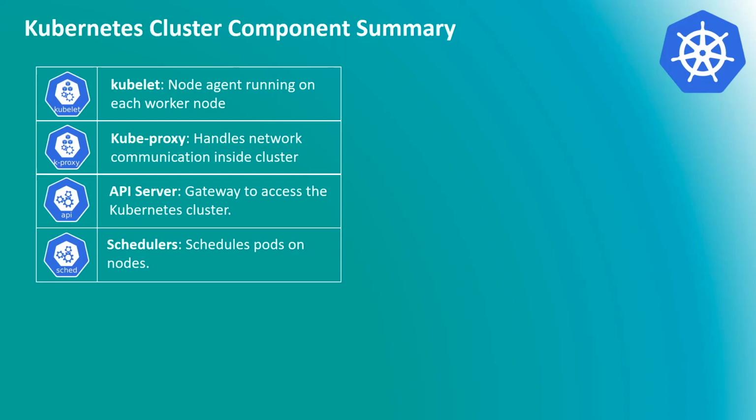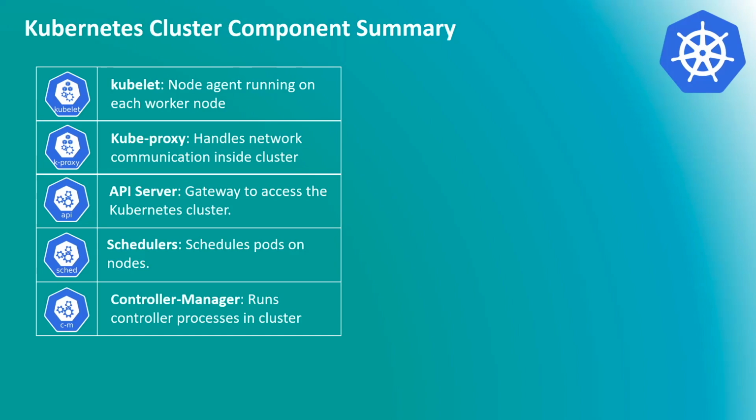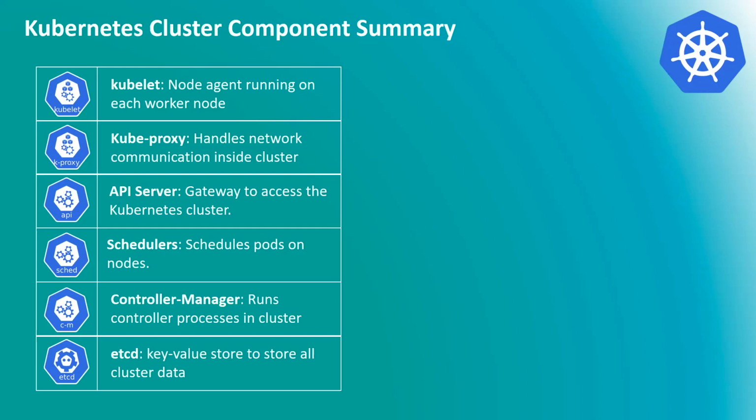Then we reviewed the scheduler. Kubernetes scheduler schedules pods inside the nodes. We also talked about the Kubernetes controller manager. The Kubernetes controller manager runs controller processes inside the cluster. We reviewed etcd. This is the highly available key-value store to store all cluster data.